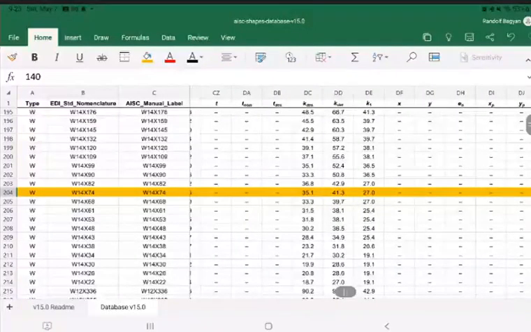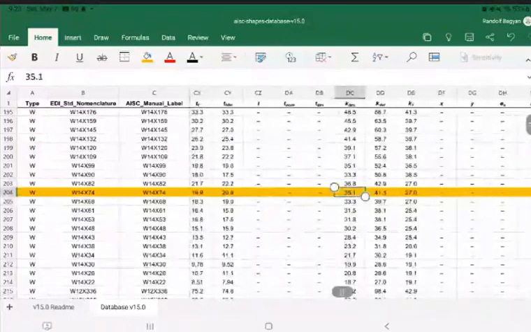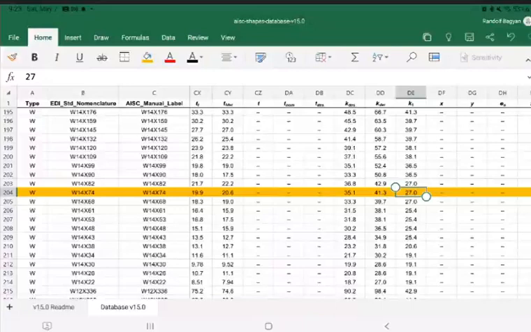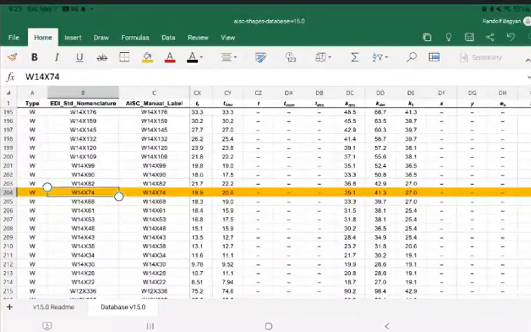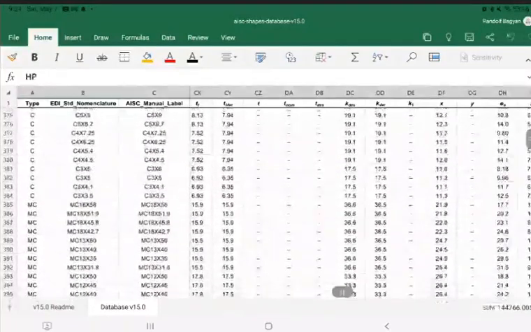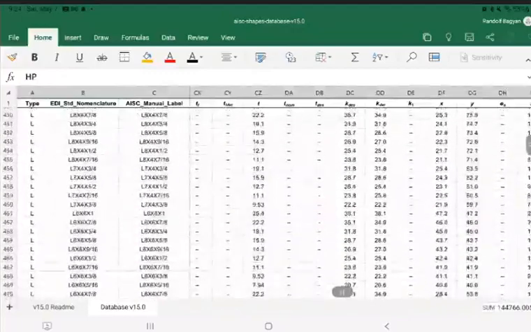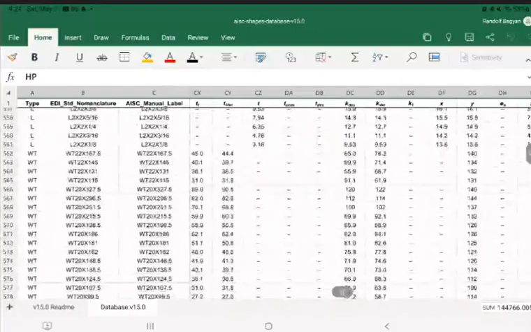Okay. Parang dun sa tension natin. If you go to the T, W14x74, yung kalahati niyan would be WT7x37, 74 divided by 2. You go to WT7x37.